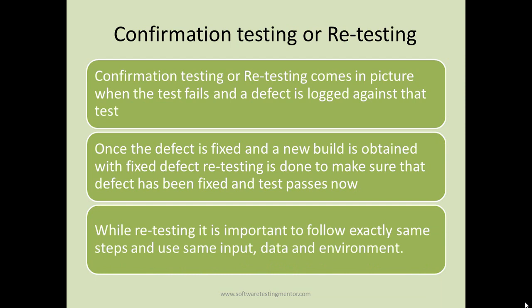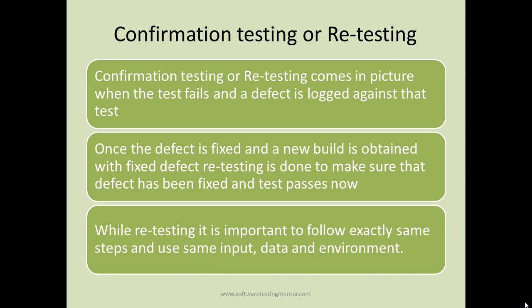While retesting, it is important to follow exactly the same steps and use the same input data and environment. While retesting, it is very important to follow exactly the same steps that were followed in the first cycle when the defect was found.